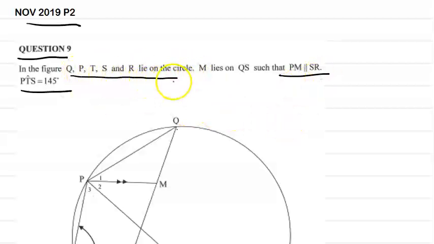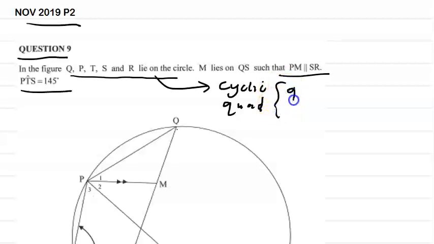Now, if you have points which lie on a circle, they're called cyclic points, which gives rise to a cyclic quadrilateral. So now you need to know the properties of a cyclic quadrilateral. For example, the opposite angles are supplementary. These are the reasons that you are going to be given.